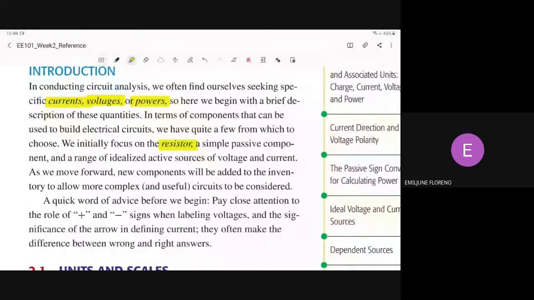So mainly those will be the very basic components that we will be discussing in this chapter and in the next chapters. But later in this subject, we will also be dealing with inductors and capacitors as well.